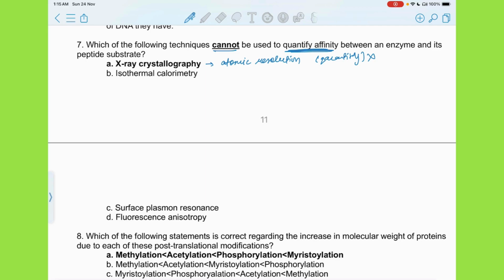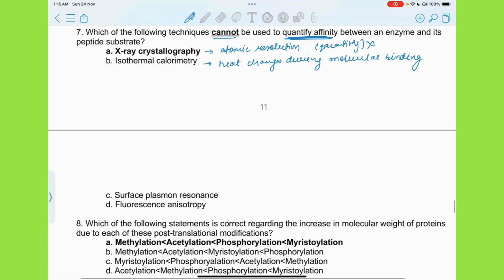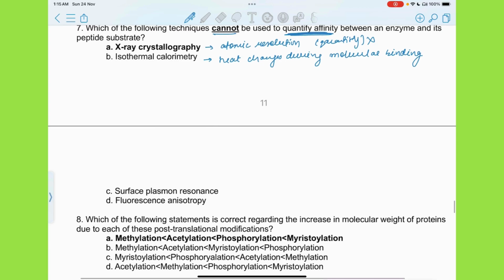Isothermal calorimetry gives the measure by the heat changes during molecular binding, thus giving us the quantified affinity.